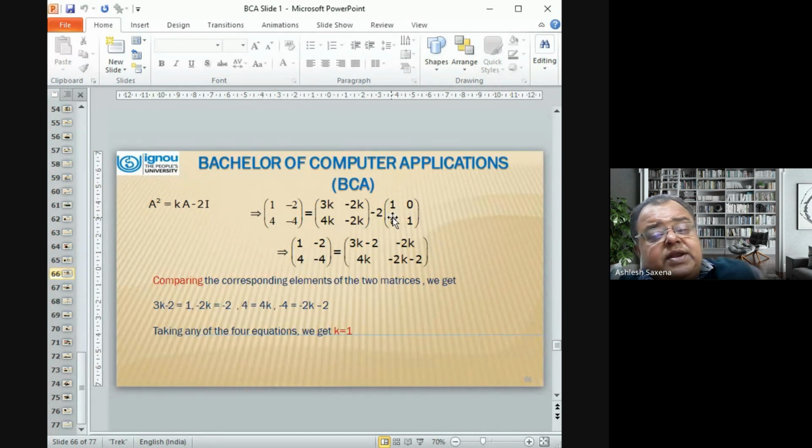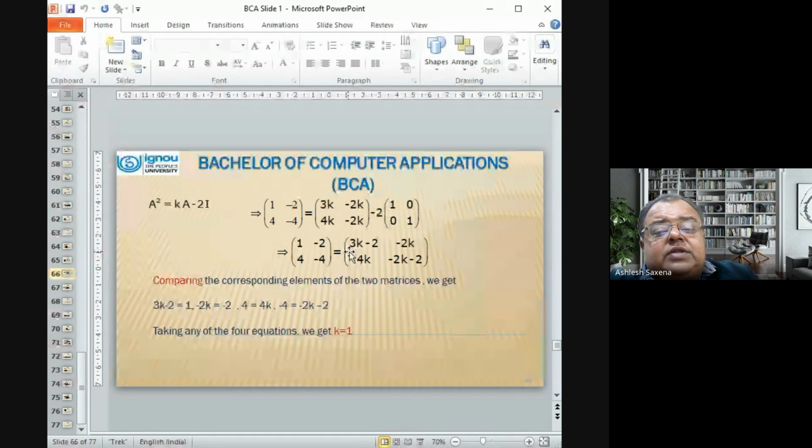Now, what has to be done? Multiply this 2 by every element and then subtract it. It will become 3k minus 2, minus 2k.